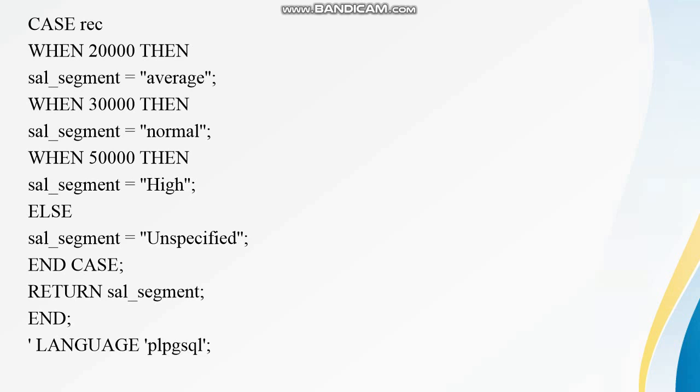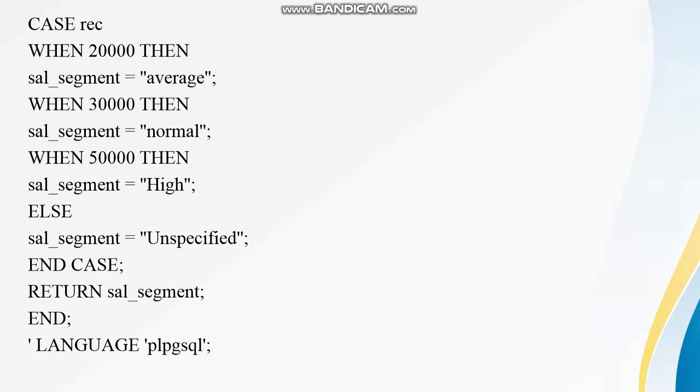That means if rec has the value 20,000, it checks when 20,000, then salary segment is equal to average. Basically this is working on the equality of operand. Whatever value comes in the rec variable will be compared in every when clause.